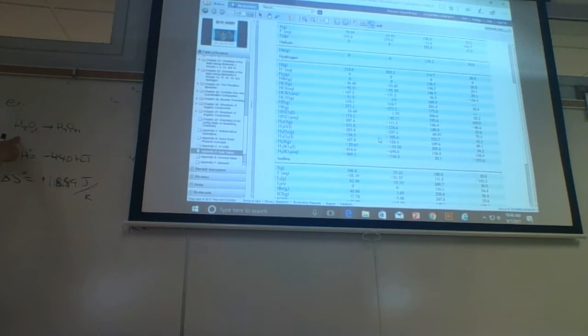Liquids are about 100. And so I expect delta S for this liquid to gas to be about 200 minus 100, which gives me 100. So I expect the entropy to increase by 100, liquid to gas. That's called a guesstimate, right?